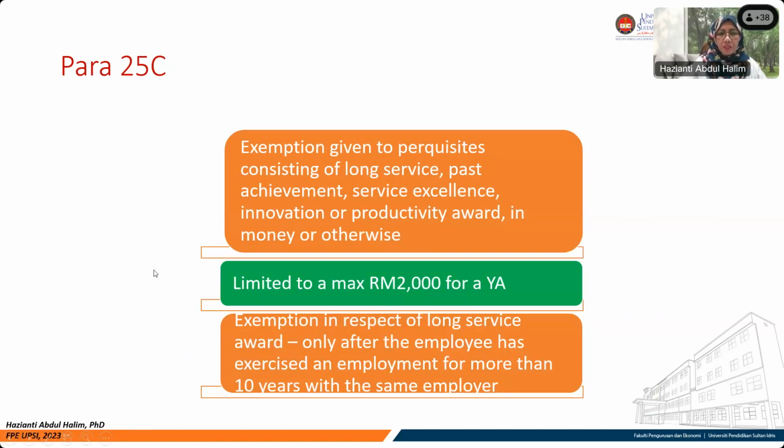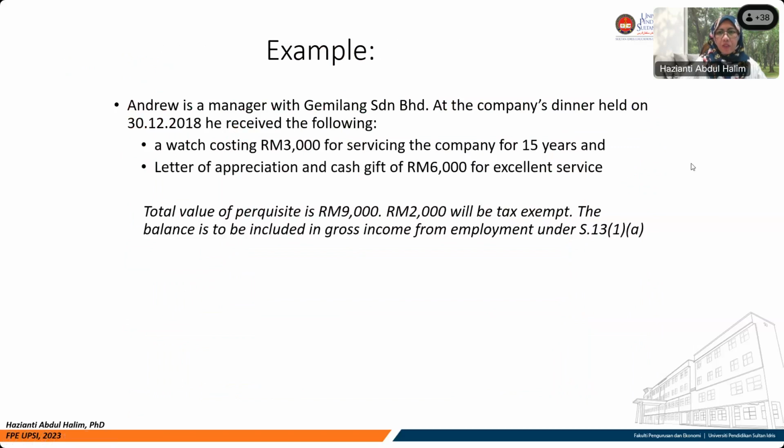This is what we discussed earlier. Alright, here is an example: we have Andrew, manager with Gemilang Sendirian Berhad. At the company's dinner, he received the following: a watch costing 3,000 ringgit for servicing the company for 15 years and a letter of appreciation, and cash gifts of 6,000 for excellent service. So he got a watch as well as cash.